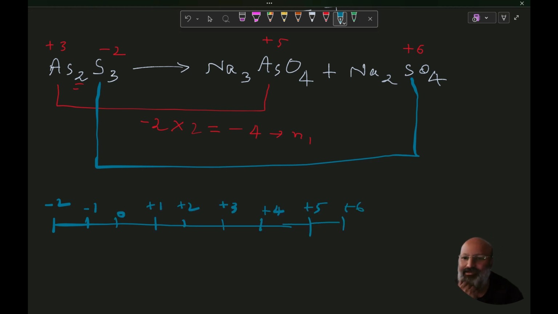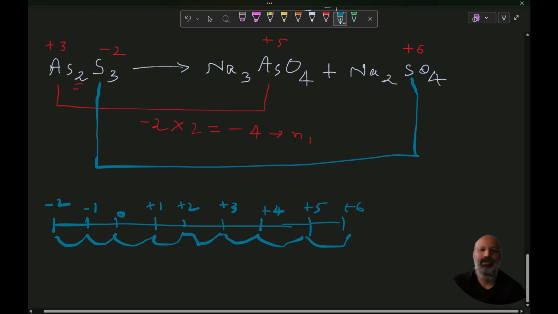So in that case, you can see 8. So the n factor here, I mean the change in oxidation number, is coming out to be 8. And for 3 atoms, into 3, so that is minus 24. That is N2.